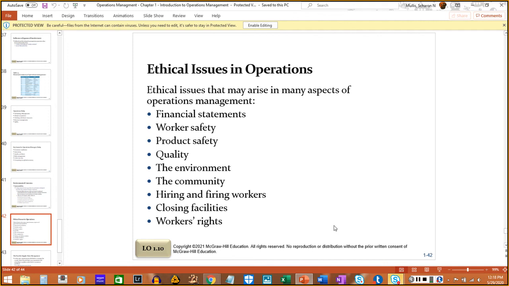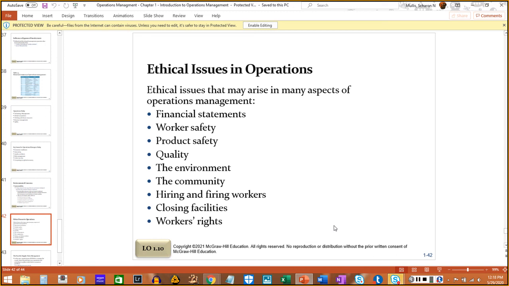So once Enron got found out, it was not a good thing. There was a lot of legislation from the government that came out of them falsifying all of their documents.